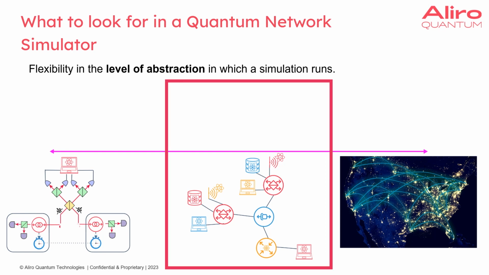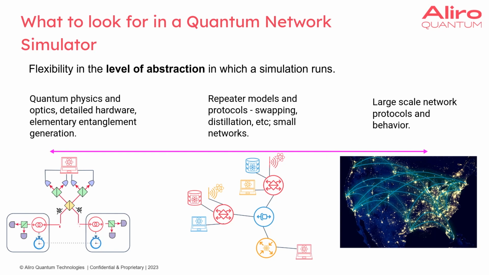In the middle, we have this intermediate section where we have a few nodes that have some devices attached, and we don't necessarily need to know all the specifics about how each entanglement is formed, but we do want to know, once it is formed, how are we going to use it, and can we use it effectively, right? And so there's various levels of abstraction that one has to go through when going from a first experiment to a wide scale network.